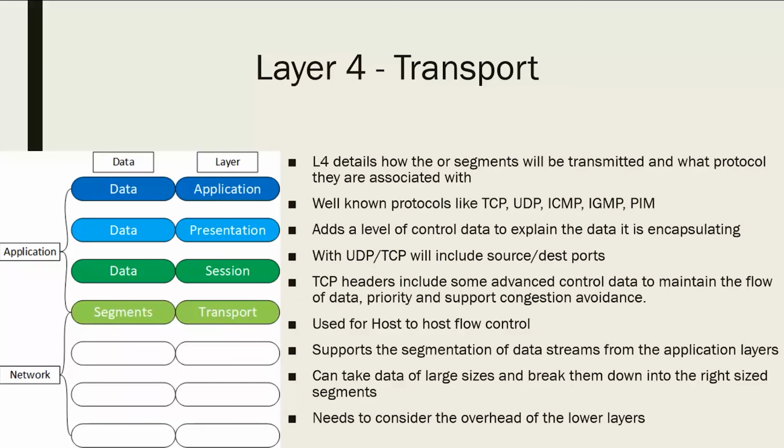We're trying to rate limit and say only send this portion, only send that portion next, and so on and so forth. So that's the transport layer. It's really focused on flow control and how we manage the data between the application and the network. It's really that border between the two.